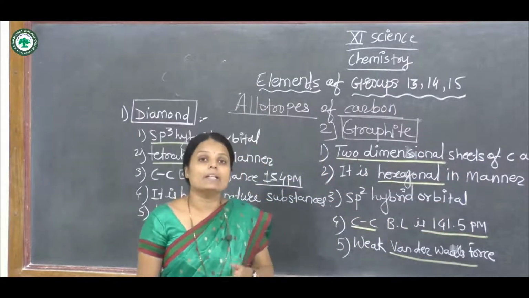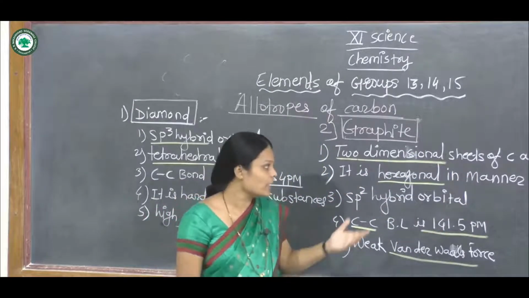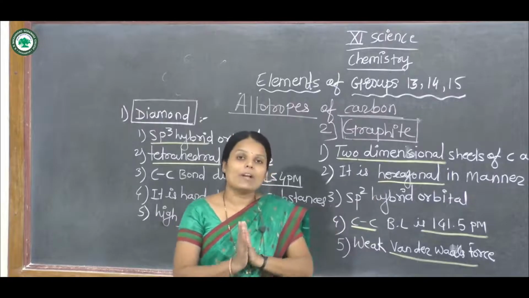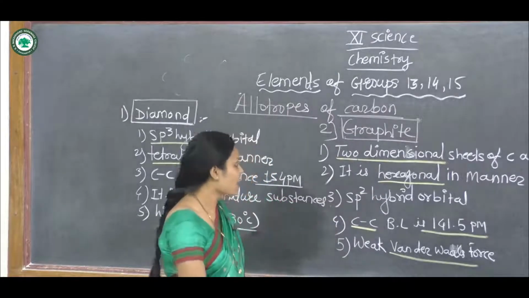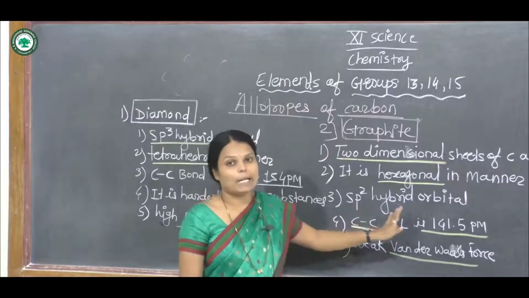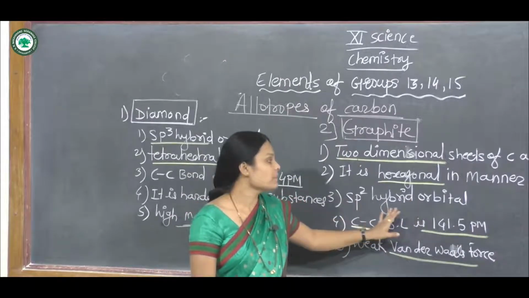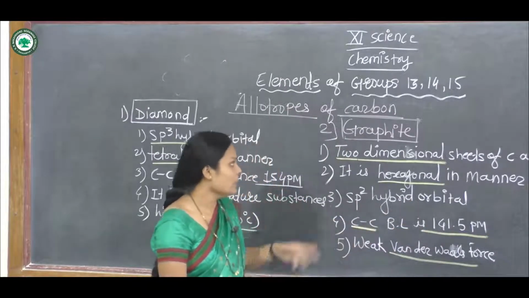The structure of graphite is hexagonal in nature. In graphite sp2 hybridization takes place, and sp2 hybrid orbitals are formed.